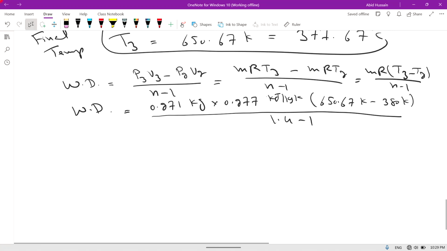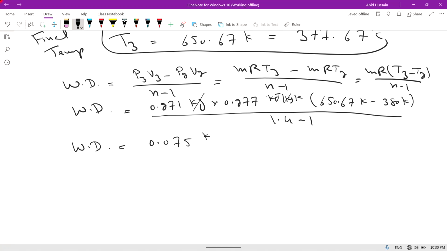So work done is equal to, this kilogram will be cancelled with this kilogram. 0.271 multiplied by 0.277 is equal to 0.075 kilojoule per Kelvin, and 650.67 minus 380 is equal to 270.67 Kelvin. Kelvin will be cancelled with Kelvin, and 1.4 minus 1 is equal to 0.4.